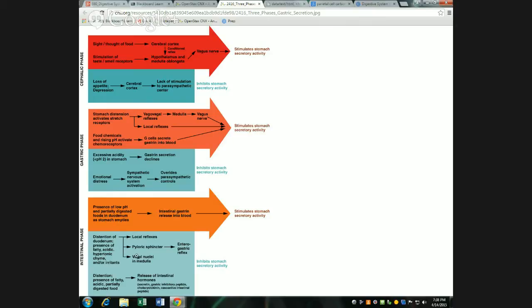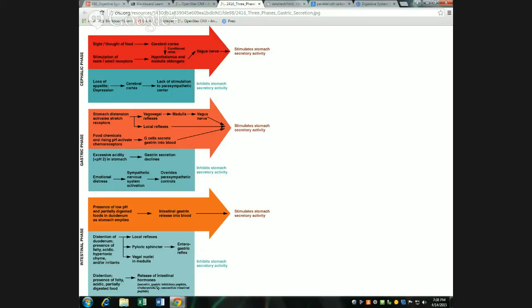This mentions a few things that play into that. And then if there's an increase in the amount of fatty or other partially digested foods or stomach acid showing up in the duodenum, which is going to be paired with distension as things are moving into the duodenum, the intestines are going to release a number of different hormones, which are listed down here.